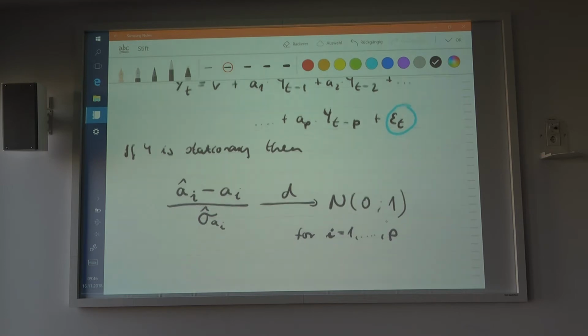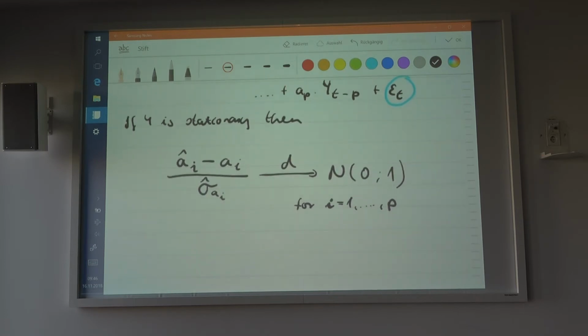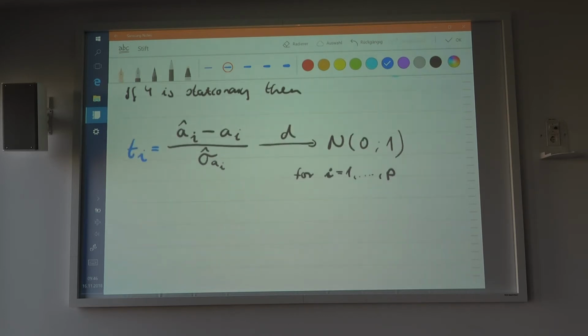And now, guys, this is also called the test statistic. I will define this as the test statistic, Ti.